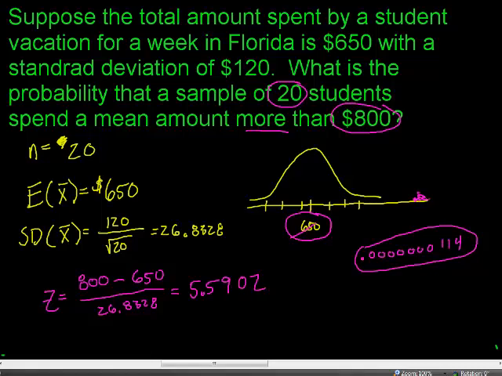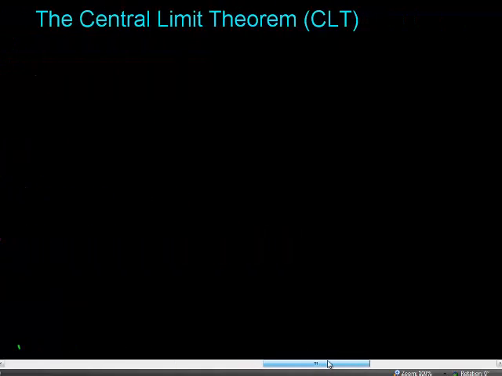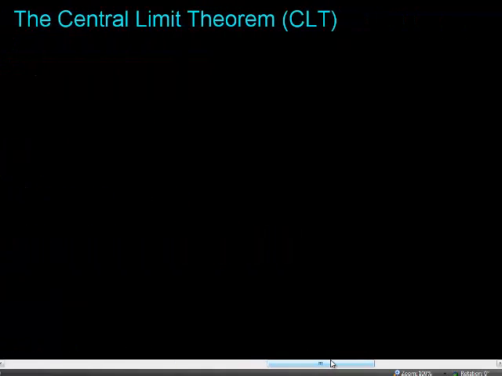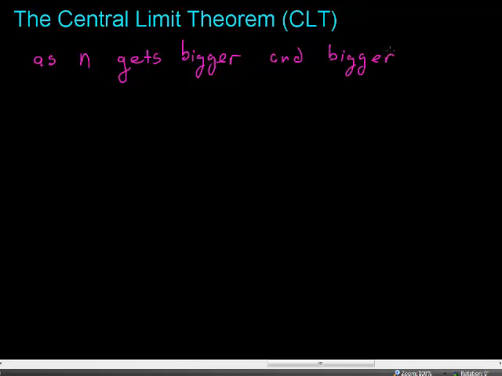Okay? Now, the last thing I want to talk about is that whole big enough condition, and that's what we're talking about, the central limit theorem here. The central limit theorem tells us that as the sample size n gets bigger and bigger and bigger, no matter how the original population is distributed, if n is large enough, the set of sample means is approximately normal.